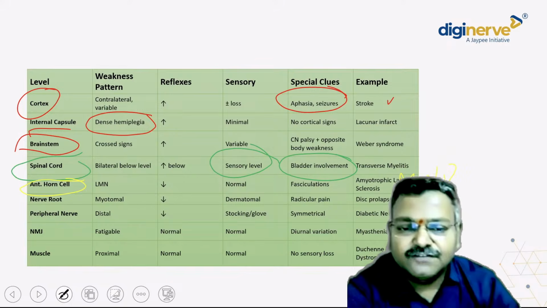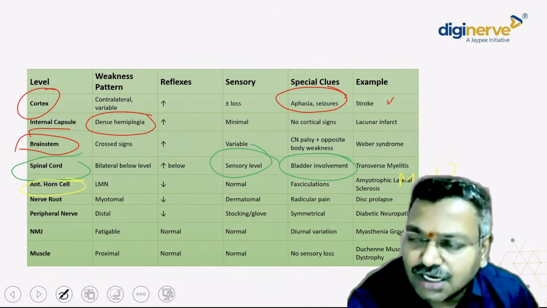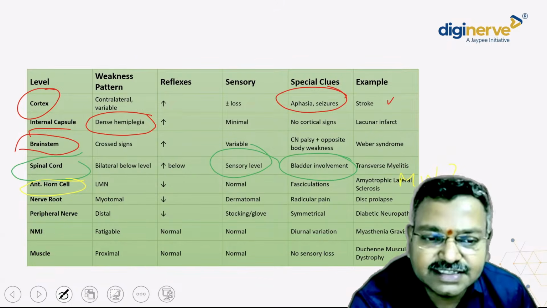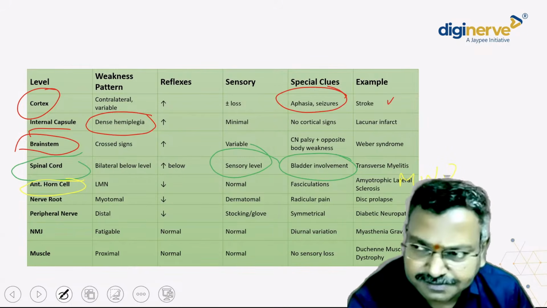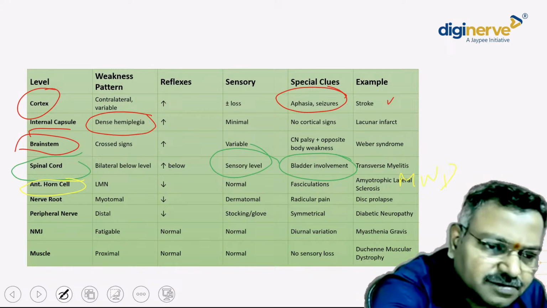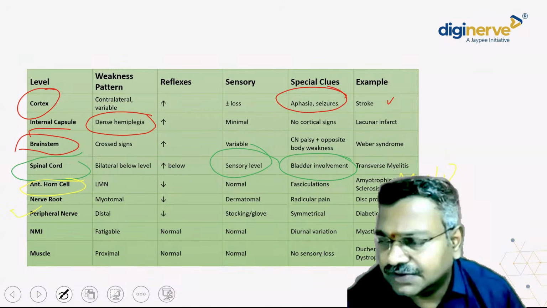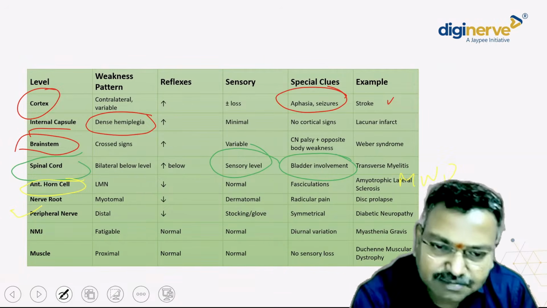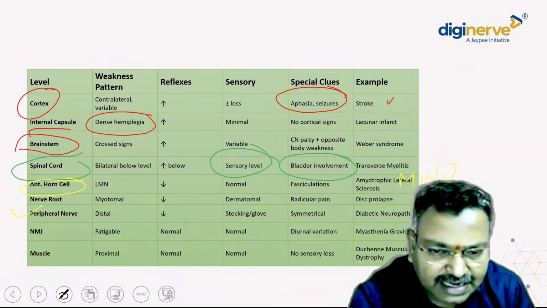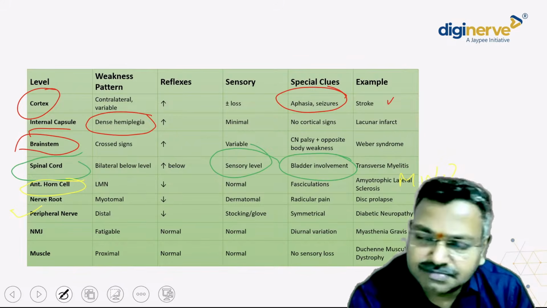Again, a very important feature is radicular pain, asymmetrical lesions. It will have LMN features, hypotonia, decreased reflexes. The next, by far the most common LMN disease that we encounter, is neuropathy, peripheral neuropathy, always distal. You can have sensory motor with or without autonomic involvement, glove and stocking pattern, diabetes being a common cause that you could see there.